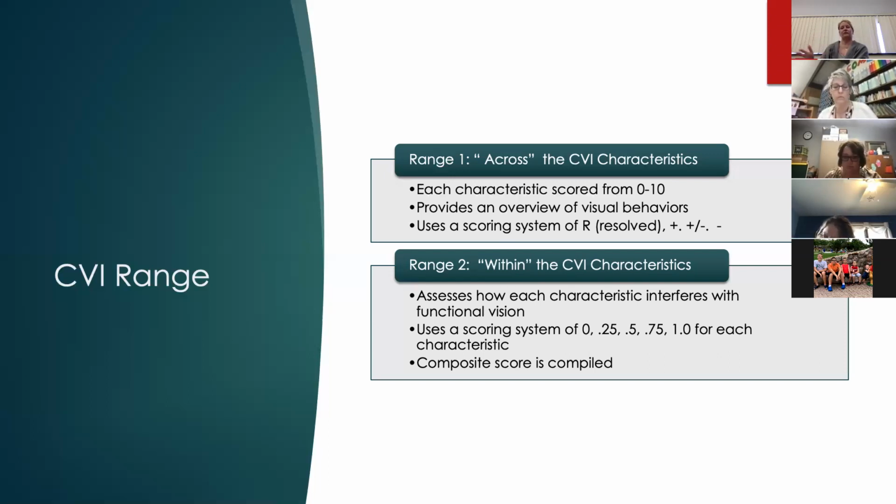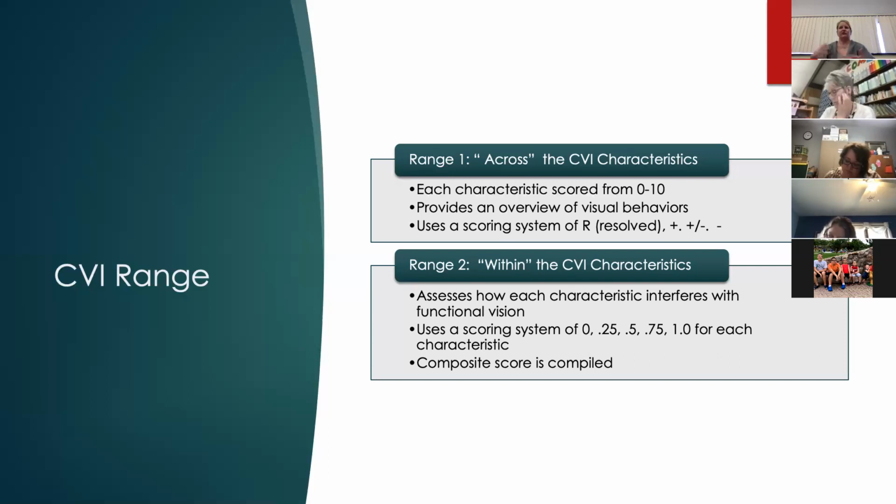Then we would say that that's resolved. We're going to go on to a higher phase, which we'll talk about in a minute, and see where they land with that characteristic in that phase. So there's range 1, which is across the CVI characteristics, and then range 2 looks within the CVI characteristics.